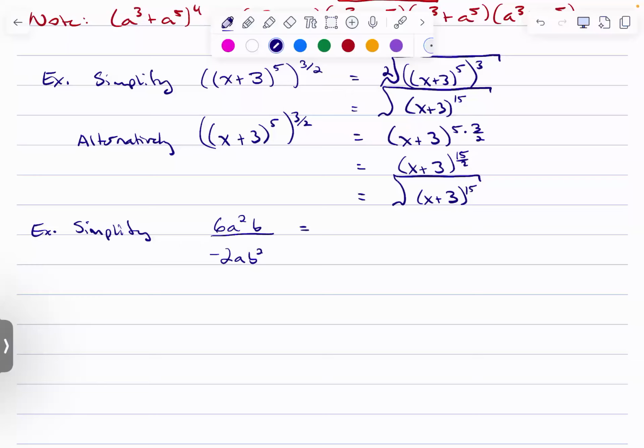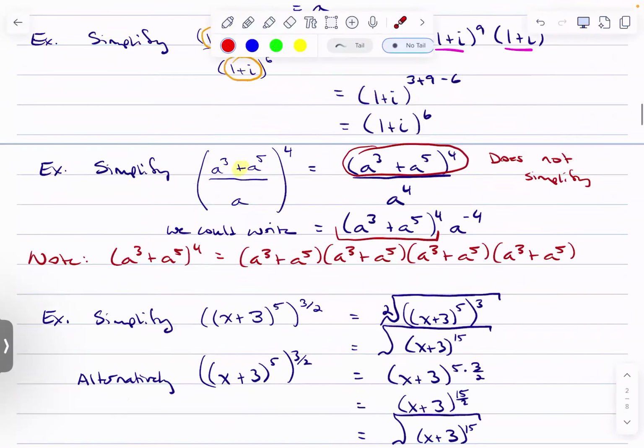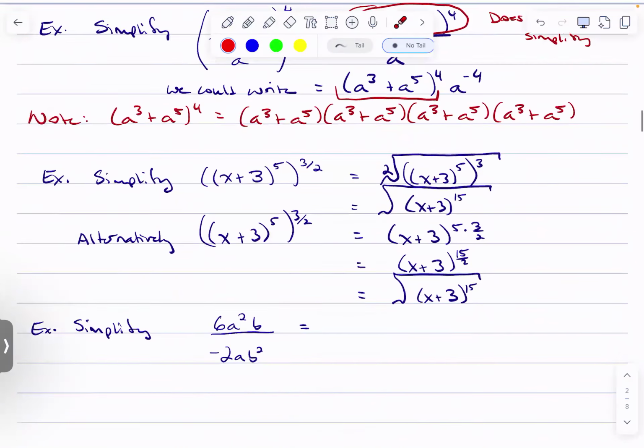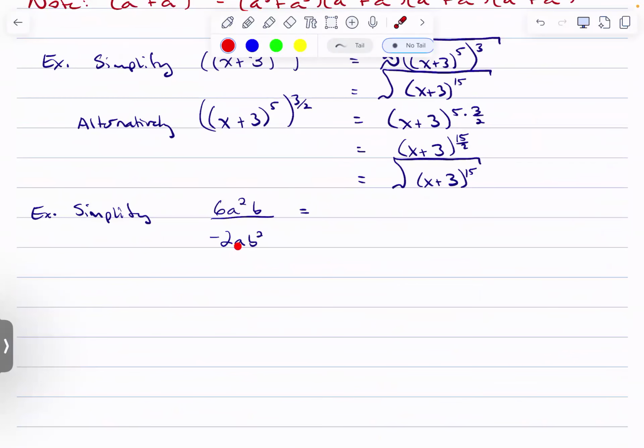What you can do is say, okay, well, I have A's here, so I can lump them together immediately. I can use this property, a to the m divided by a to the n is a to the m minus n, and just immediately smush them together. Or what I'm going to do, nice and slow, is just bring this a and b squared up to the numerator.